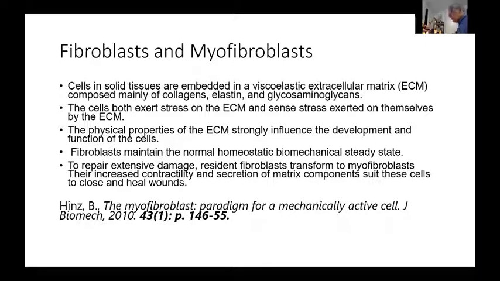In particular, normal fibroblasts under normal conditions maintain the normal homeostatic biomechanical steady state that we have under most circumstances. On the other hand, if there's wounding, then the normal fibroblasts undergo transformation to myofibroblasts. And as I pointed out before, the myofibroblasts are well suited for repairing more serious damage to the tissue by their increased synthetic capability and their ability to exert contractile force on the matrix and thereby close the wound.